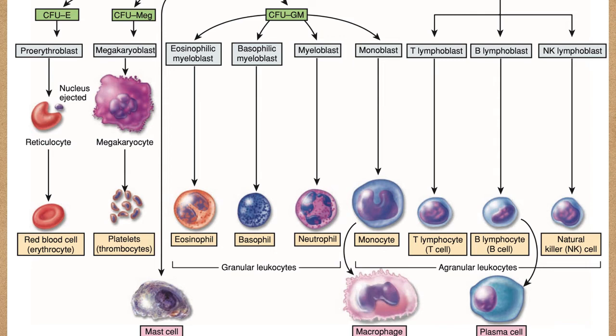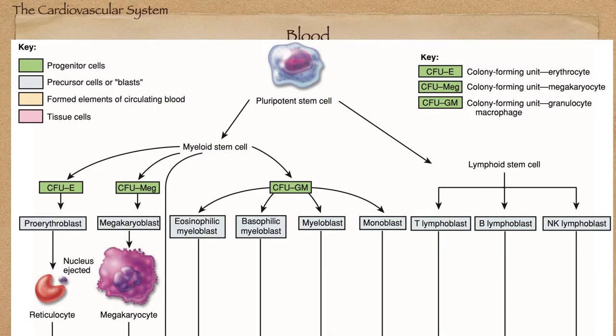Then it ejects its nucleus, and whenever a red blood cell ejects its nucleus, it becomes the reticulocyte. Then as time goes, it becomes the mature cell, which is the red blood cell or the erythrocyte. So that's the mature one.